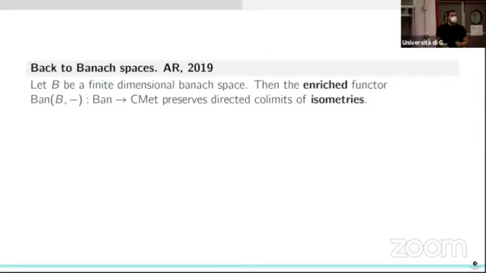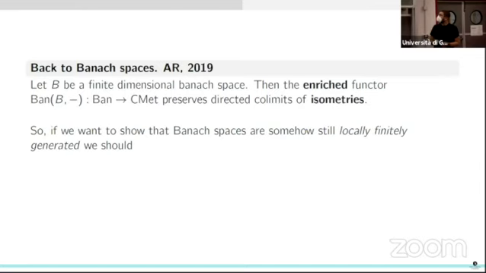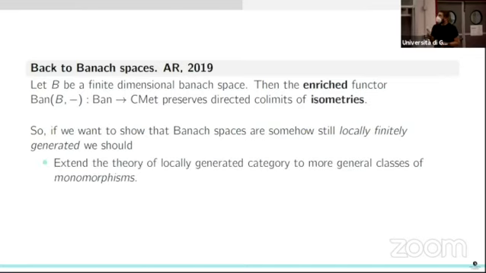So now you see that in order to make everything work, I should extend the theory of locally generated categories to something more general than monos. I need something to replace isometries. And then I should also enrich it, right? Because I'm using metric spaces here. So that's what we did in the paper.